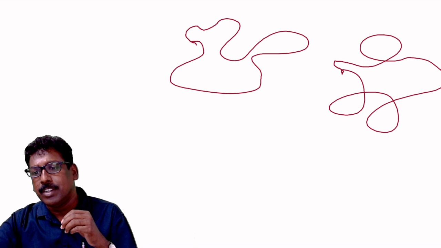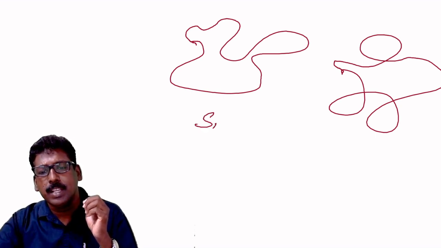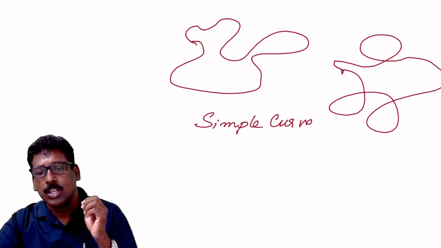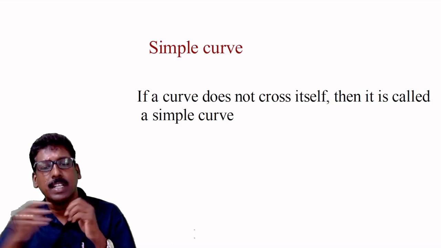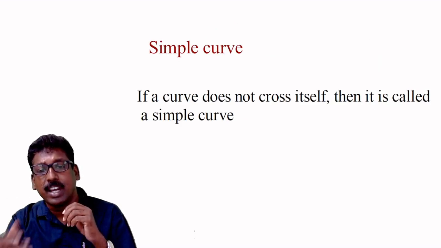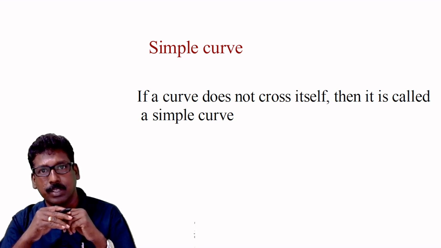The curve which does not cross we can call a simple curve. So how can you define a simple curve? If a curve does not cross itself, then it is called a simple curve.